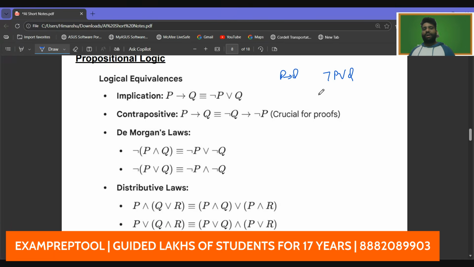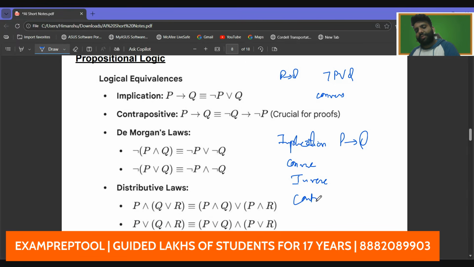Then there is something known as converse. See, there are three things. Let me just bring it up. If the implication was P implies Q, then we talk with respect to this only. So what is the converse, what is the inverse, and what is the contrapositive?